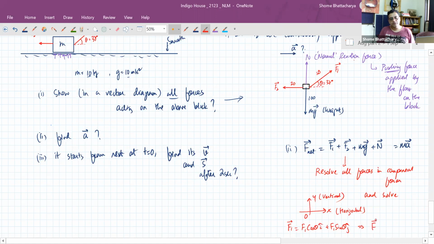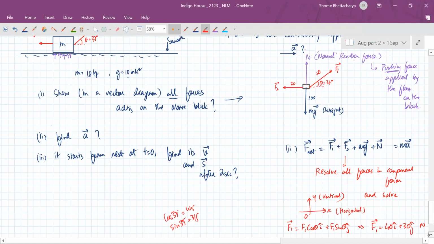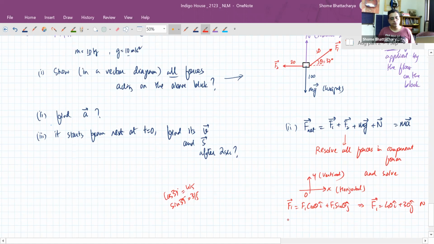So when I calculate it, just substitute the values and you'll see F1 will be 40 i cap plus 30 j cap in newtons, because cos 37 is 4 by 5, sin 37 is 3 by 5. Okay. Similarly, F2 in component form, we will simply write as minus 20 i cap in newtons.